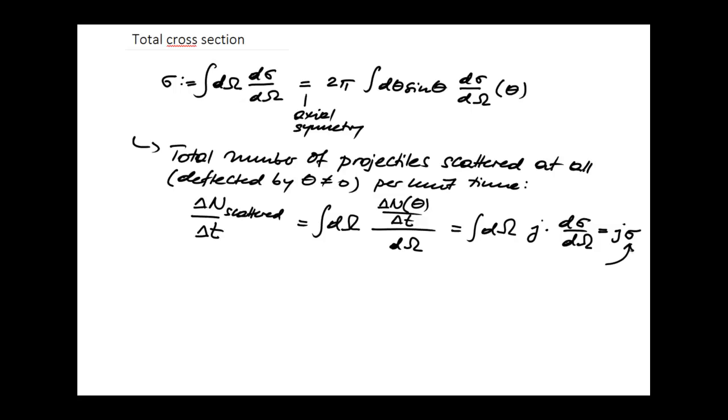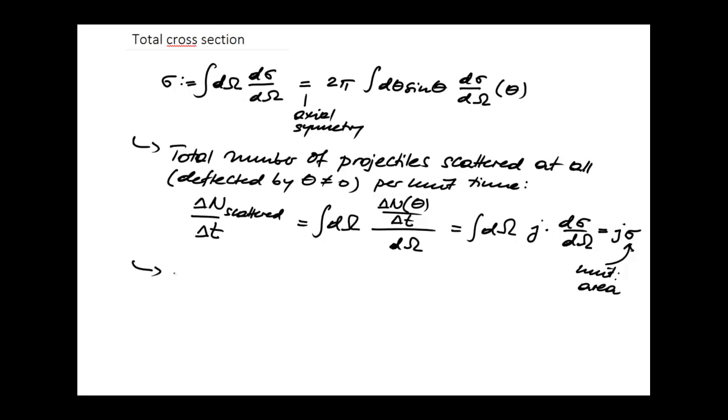This total cross-section has the unit of an area. Current density, that's number of particles per time per area, times the total cross-section, which has the unit of area, gives number of particles per unit time, and that's exactly what we were searching, namely the number of scattered particles per unit time.